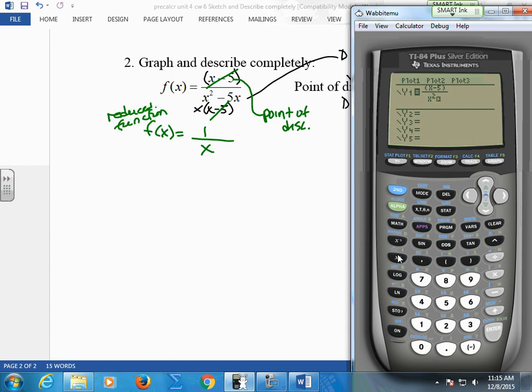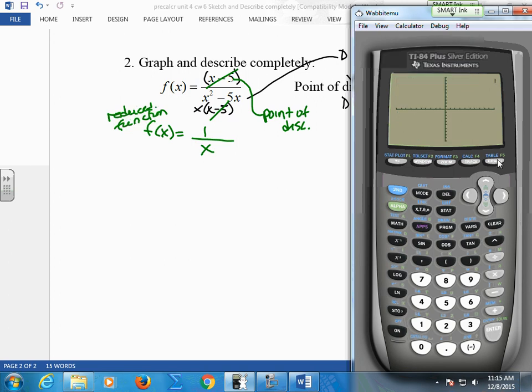This is the Wabbit one for anybody that wants to put it on their own computer at home, or if you have a phone that's not an iPhone. It is W-A-B-B-I-T emulator. It's called Wabbit, and this is your 84 graphing calculator. So you can put this on your computer at home as well.